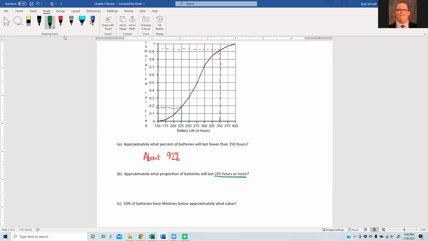So less than 225 is going to be about 0.18. So that means we can say that that leaves us with 0.82 will last 225 or more.